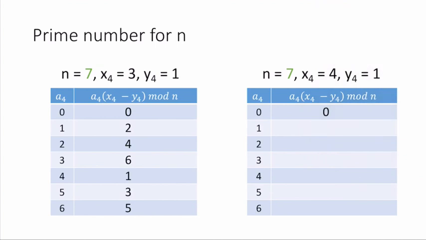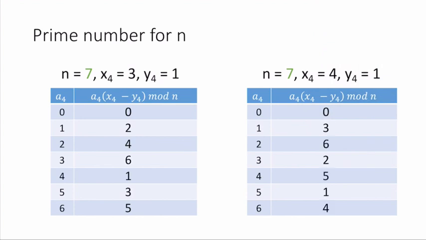When you do 1 times 4 minus 1 mod 7, well, that's 3 times 1, so that's going to be 3. And you can continue doing this, and this is what you'll get as a pattern.